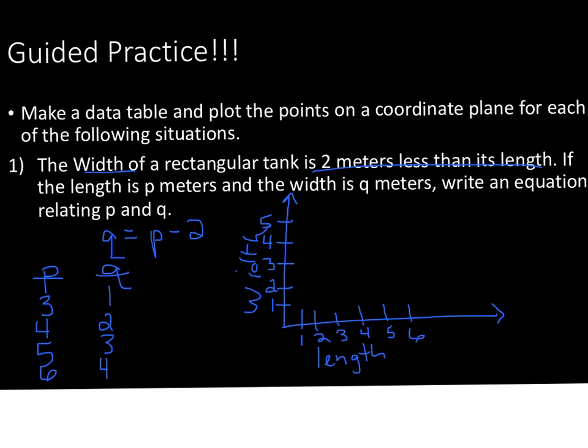I said if P, or the length, was 3, then Q would be 1. And if it was 4, then Q would be 2. And if it was 5, then Q would be 3. And if it was 6, then Q would be 4. Mine looks wobbly, but again, if it was on graph paper, it would be a complete straight line.